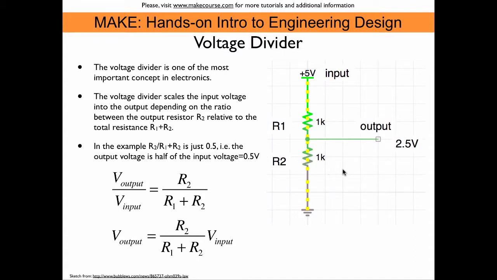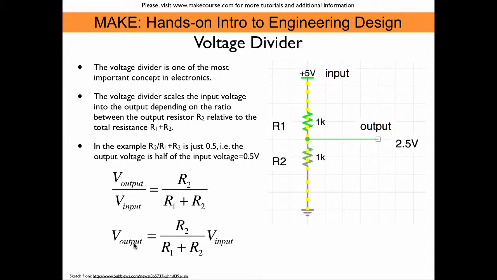So if you wanted 2.5 volts but you only had a power supply that can provide 5 volts, you could put these two 1 kilo ohm resistors in series, and then in between them you would get a voltage of 2.5 volts.